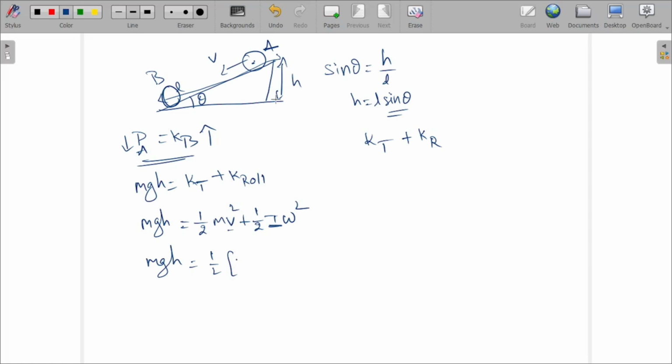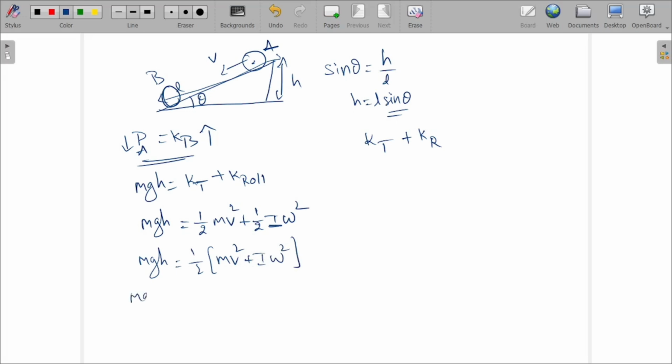So mgh equals, half you can take common, then m v square plus I omega square.